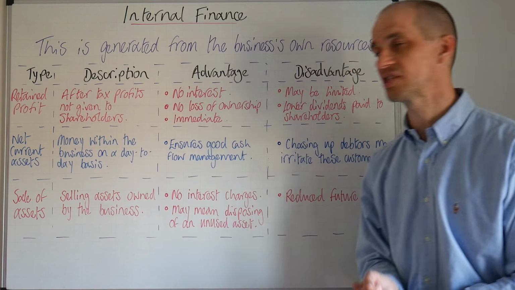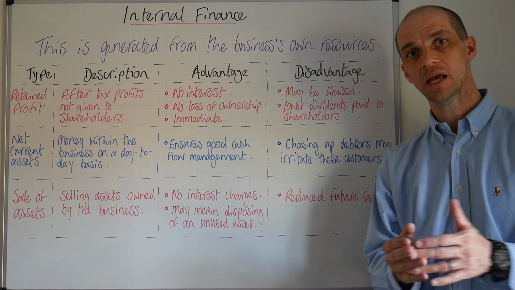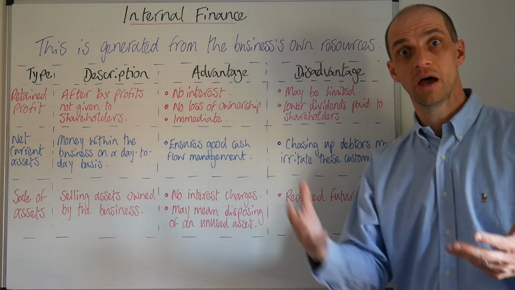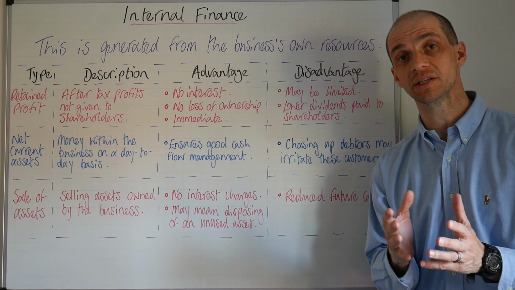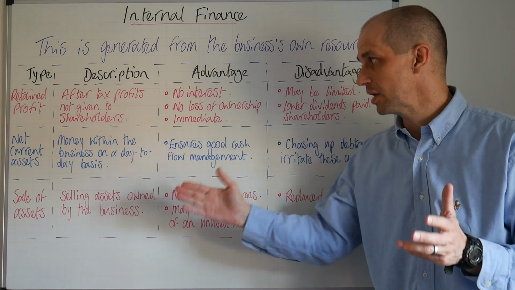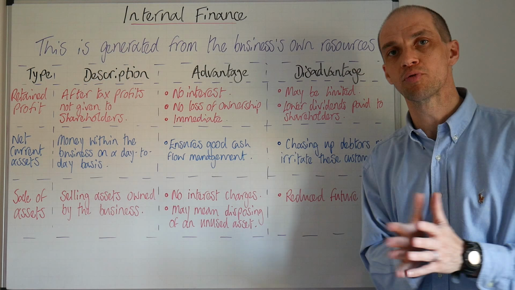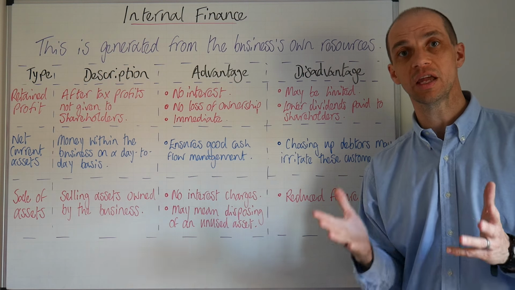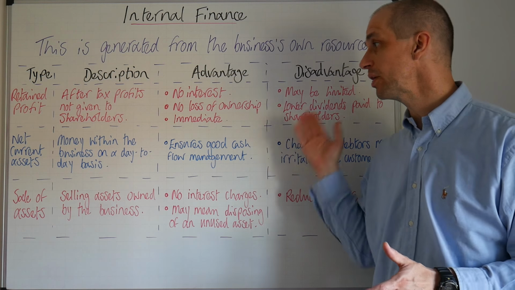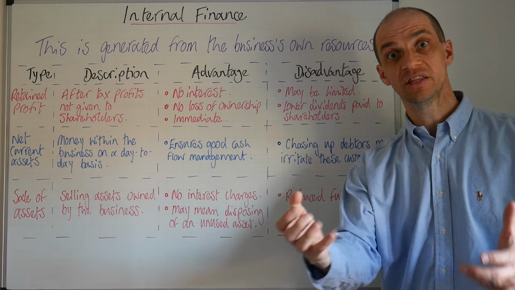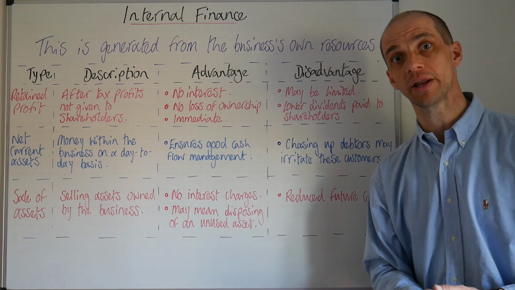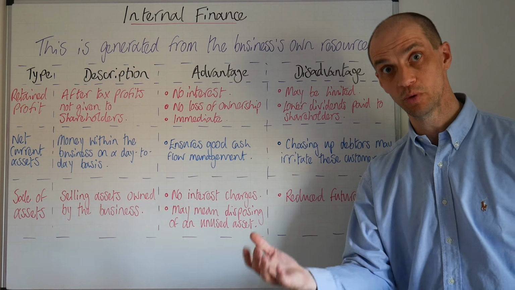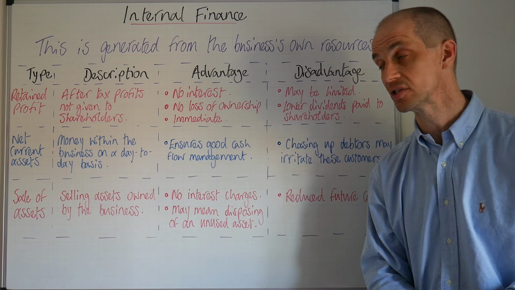Right, net current assets. Net current assets really is your cash position on a day-to-day basis, but it is a slightly broader term than that as well. It considers the money within the actual business, but it will also include debtors, people that owe you money and you're expecting payment from within, say, perhaps 28 days.